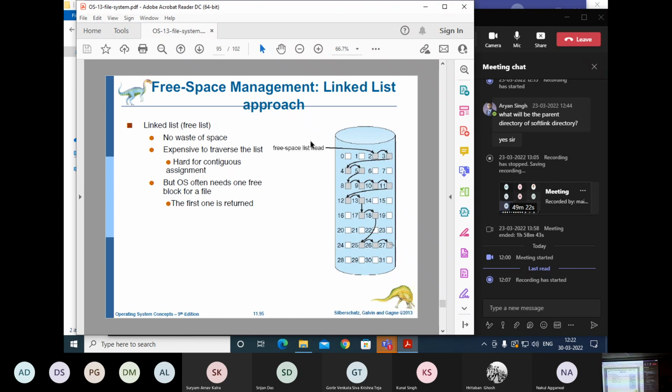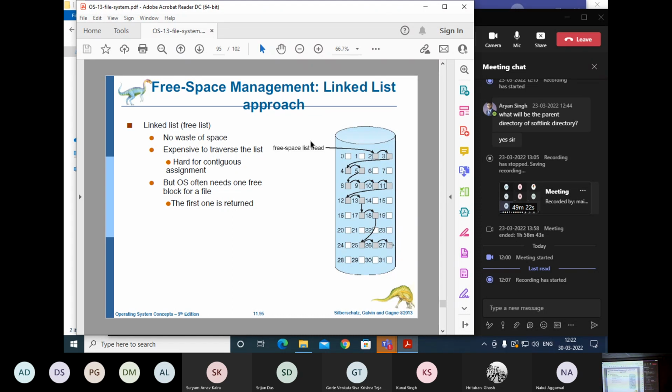So it is hard for contiguous assignment because you have no guarantee that the next block you get will be contiguous to your current block. That is a problem. However, it is sometimes used in a hybrid mechanism in the operating system just to find one free block.